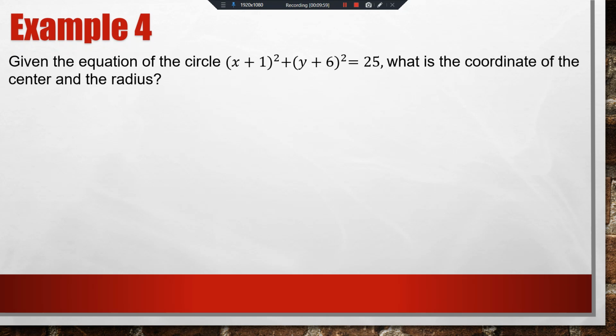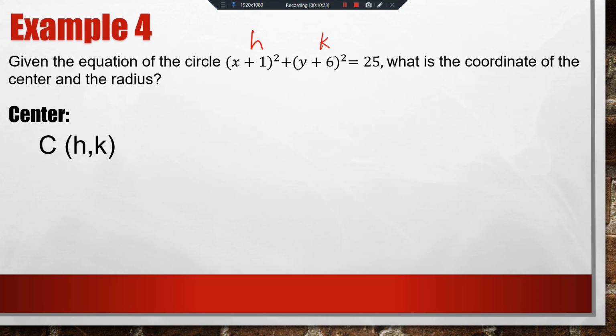Remember that h is in the x and k is in the y. So here, the center, as we all know, is (h, k). So we're going to get the opposite sign of h and k.